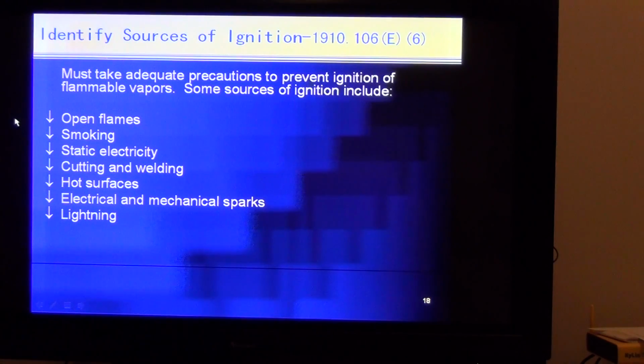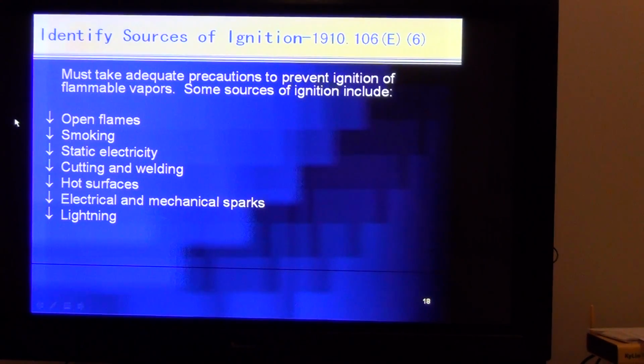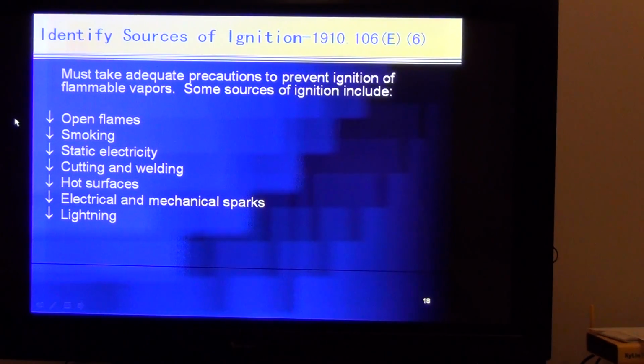So this talks about the identification of sources of ignition. This is from 1910.106(e)(6): must take adequate precautions to prevent ignition of flammable vapors.